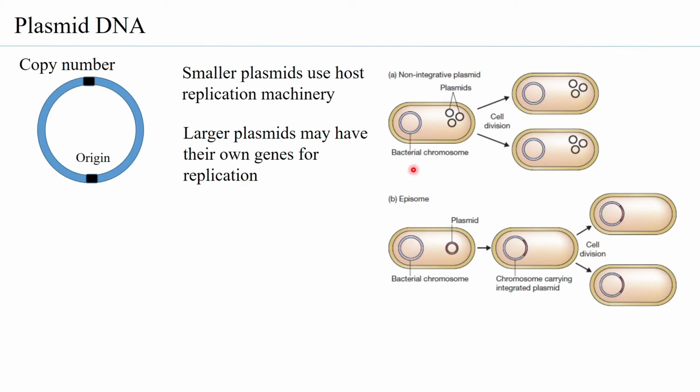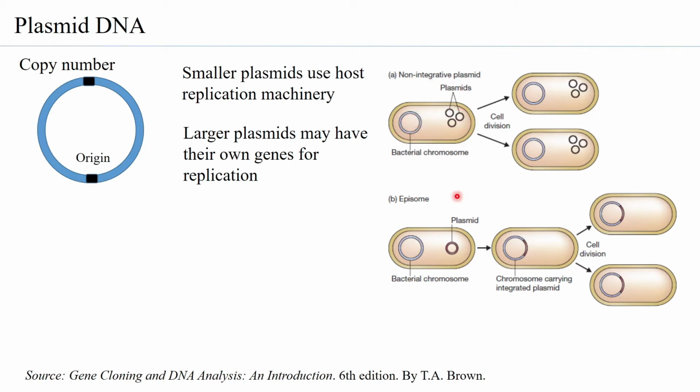Here it is important to note that certain plasmids are non-integrative plasmids, that is, they would be present inside the bacteria, but they would be independently present. They will never integrate into the host bacteria. While in other cases, the plasmid DNA can integrate within the bacterial DNA, and when it is integrated, it is called an episome, or the plasmid is called an episomal plasmid.